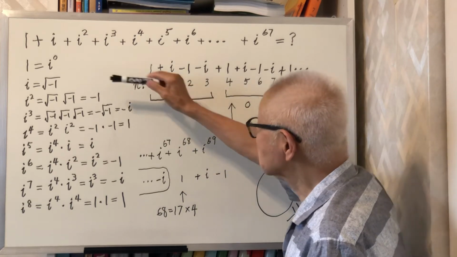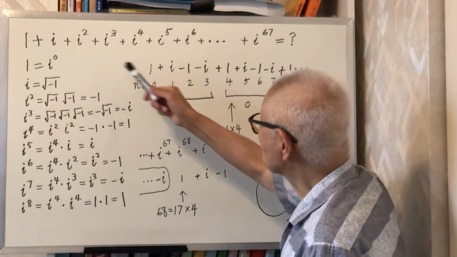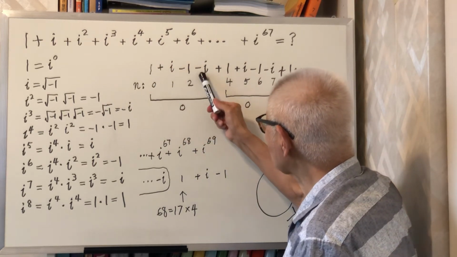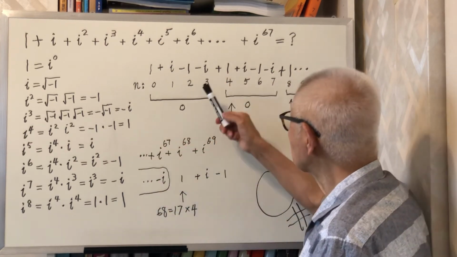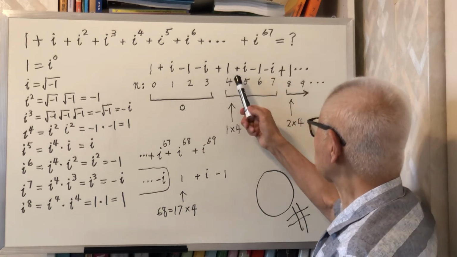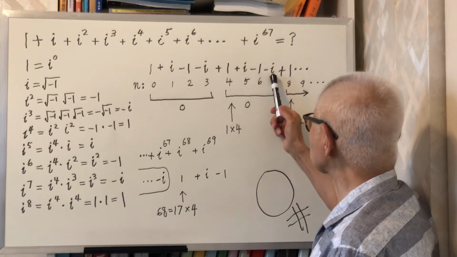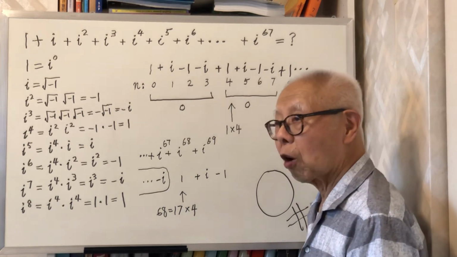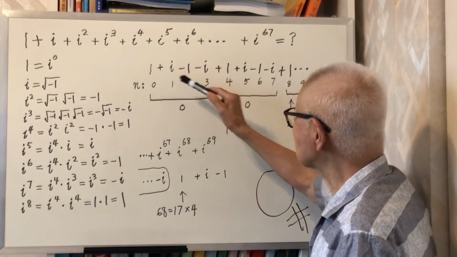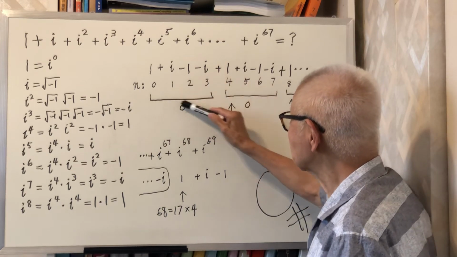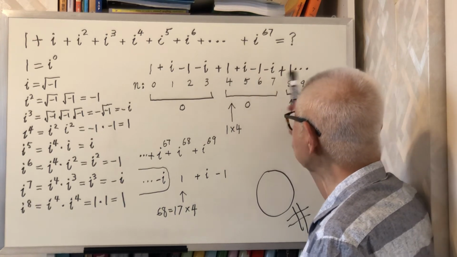So I see 1, i, -1, -i, and then it repeats the pattern. The next is 1 plus i minus 1 minus i, and so on. So it repeats the pattern every 4, from 1 to -i, you repeat it. Every 4 you repeat.